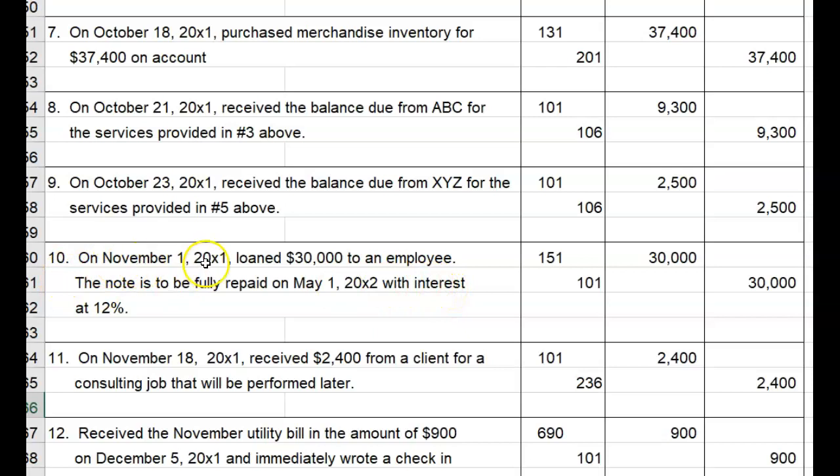So on November 1st, all we need to do is to record the note receivable for $30,000 and the fact that we wrote the check to the employee, so the reduction of cash, $30,000, credit to cash. We will use this 12% interest information when we do our adjusting journal entries, but not on November 1st.